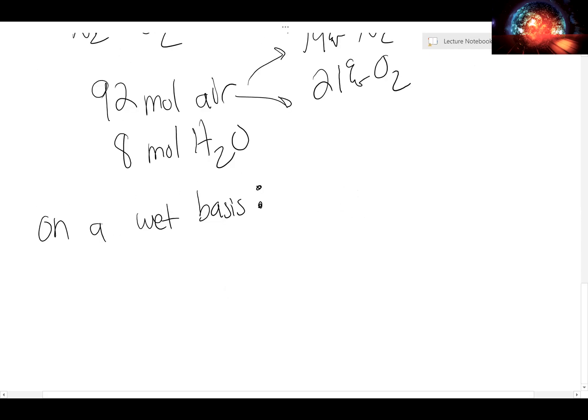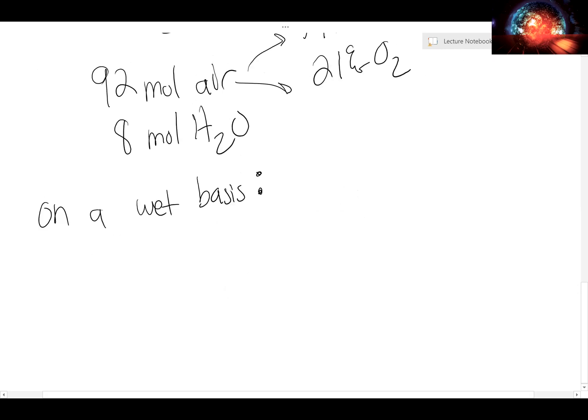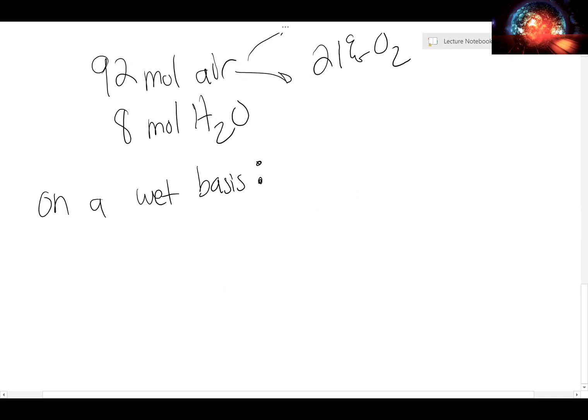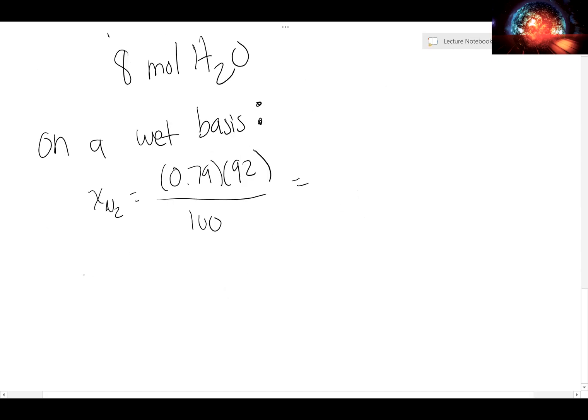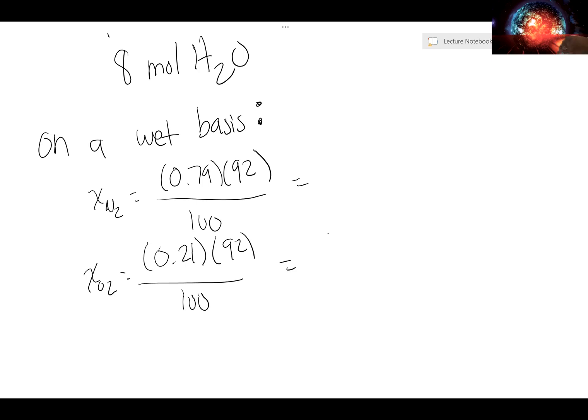So if I wanted the mole percent of nitrogen and oxygen on a wet basis, for nitrogen, it would be 79% of the 92 out of 100, and for oxygen, it would be 21% of the 92 out of 100, which would be 72.7 for nitrogen, and for oxygen, 19.3.